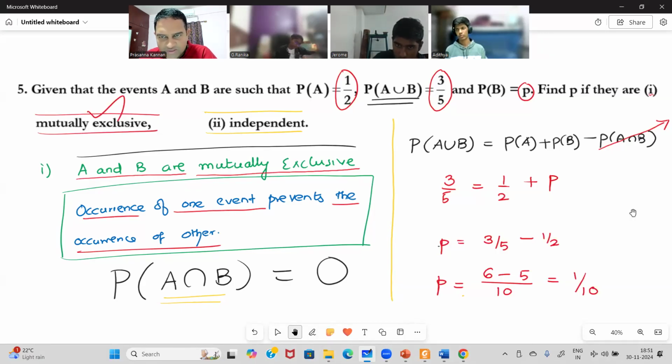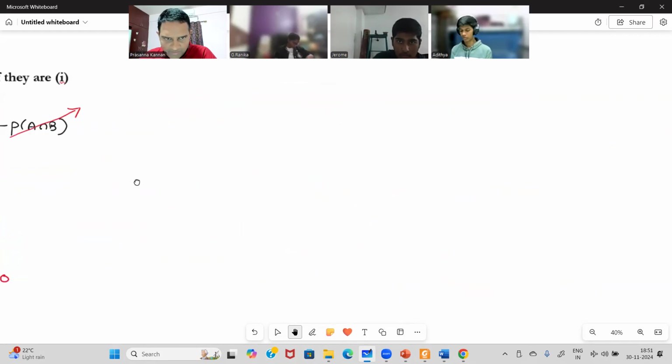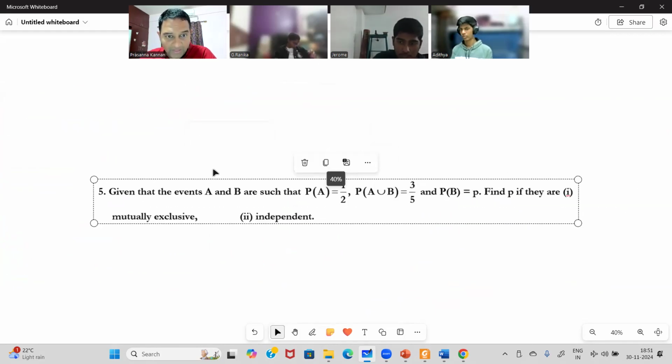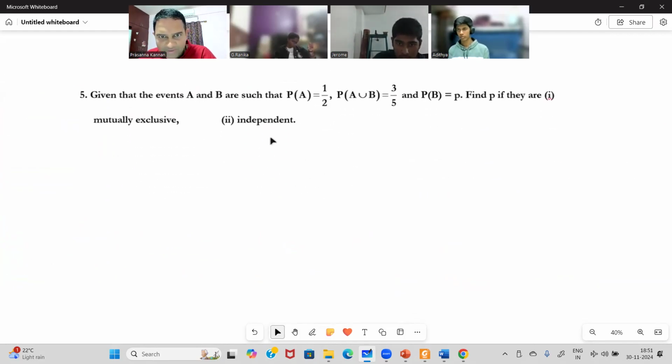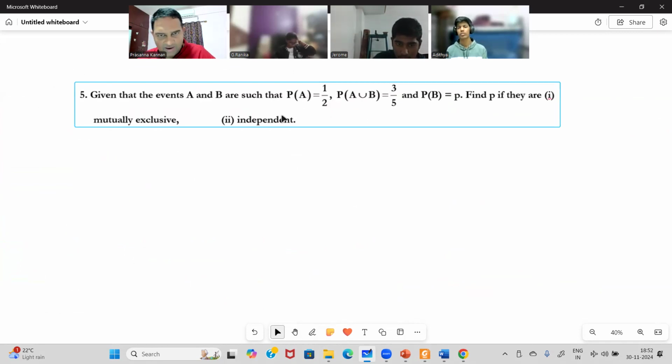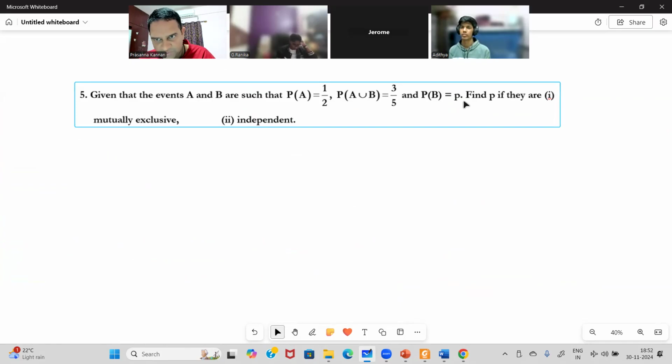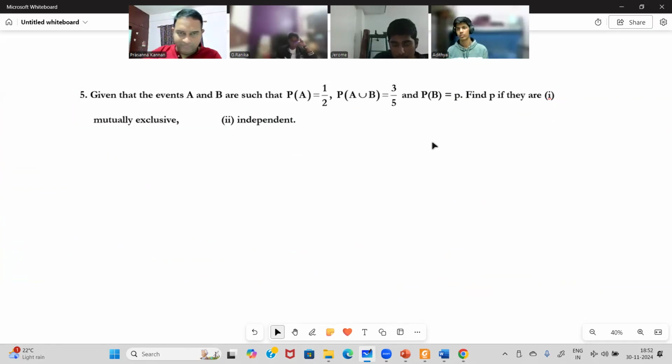I hope you have noted down this. Let's do the second part now. Given that the events A and B are such that P of A is 1 by 2, P of A union B is 3 by 5, P of B is P, find P if they are independent. Yes, Ranika, can you tell me?